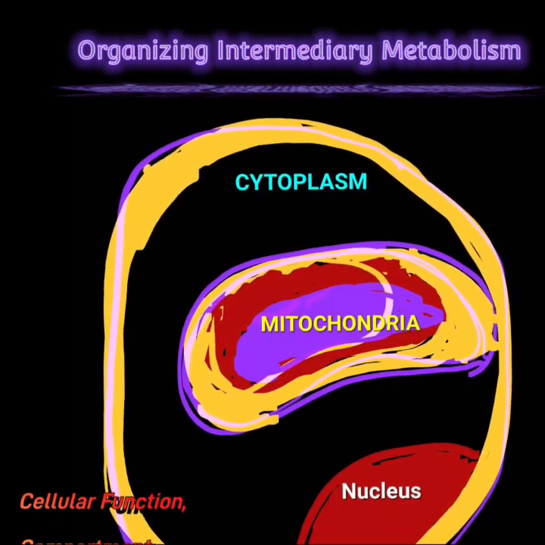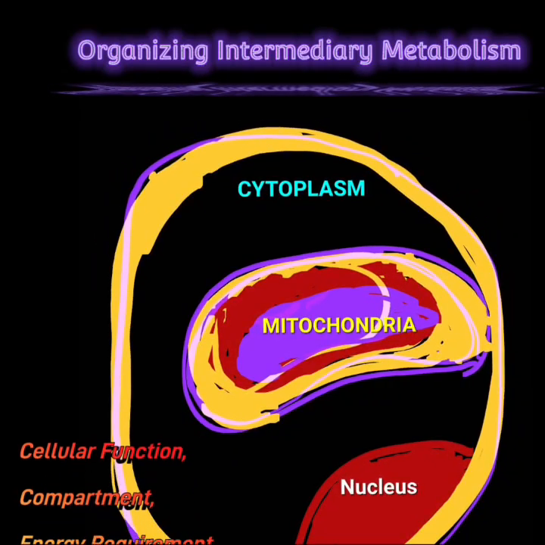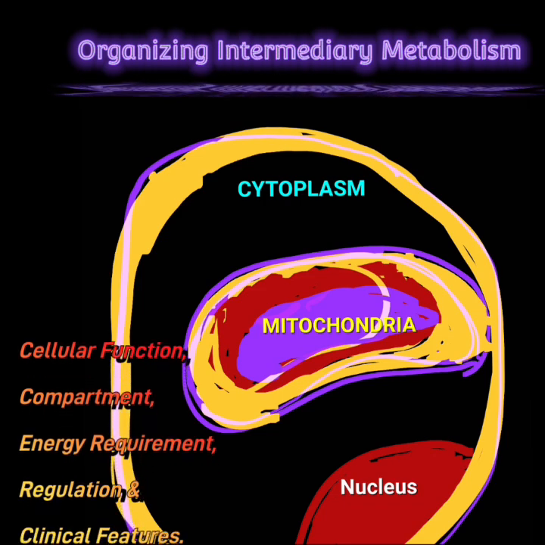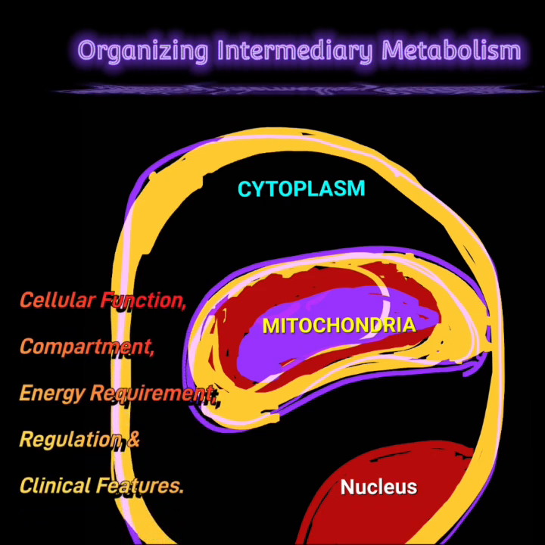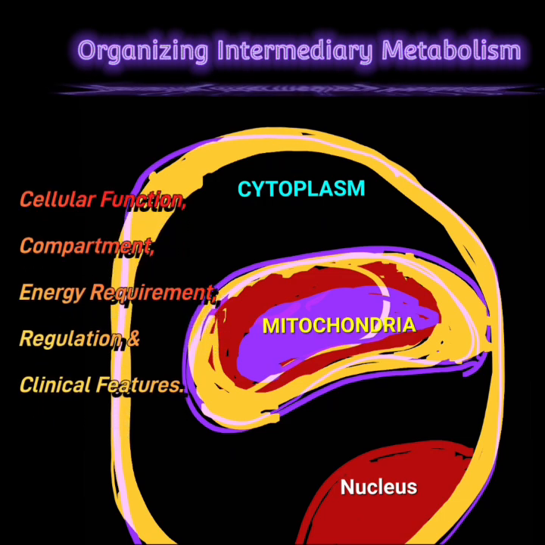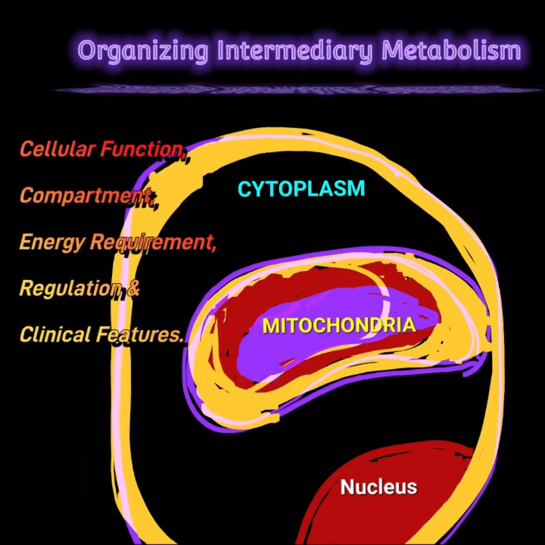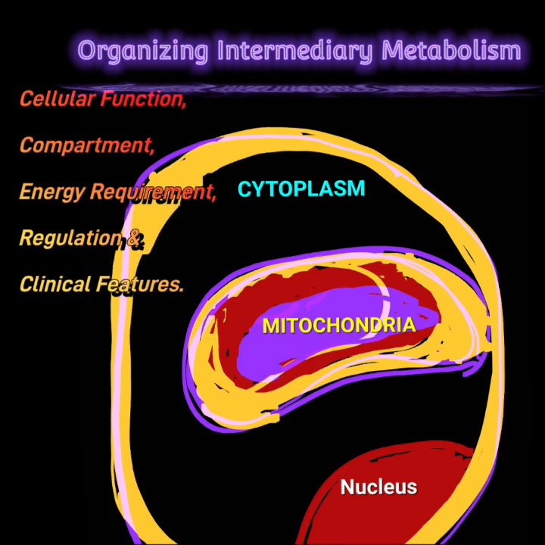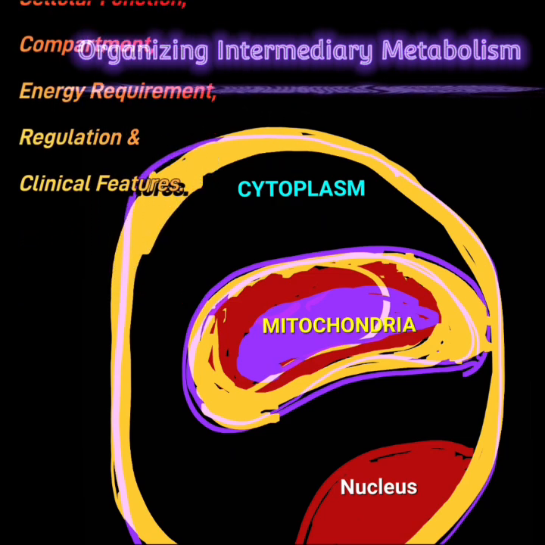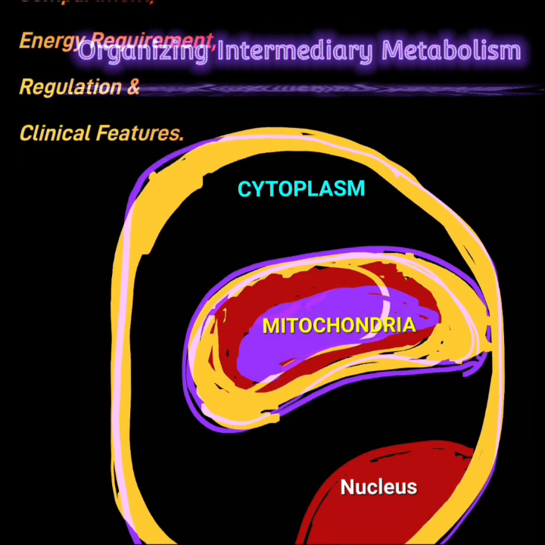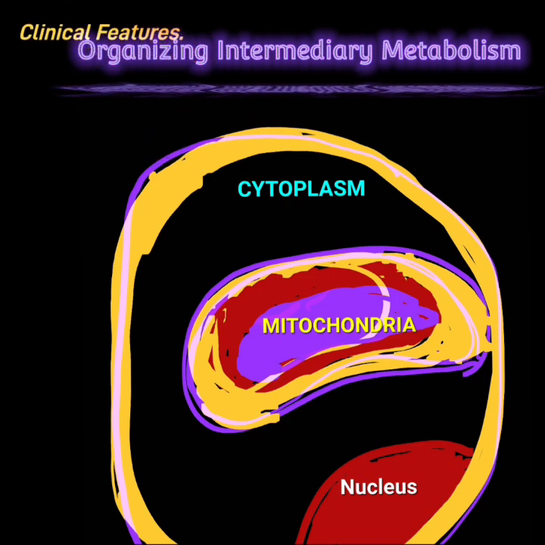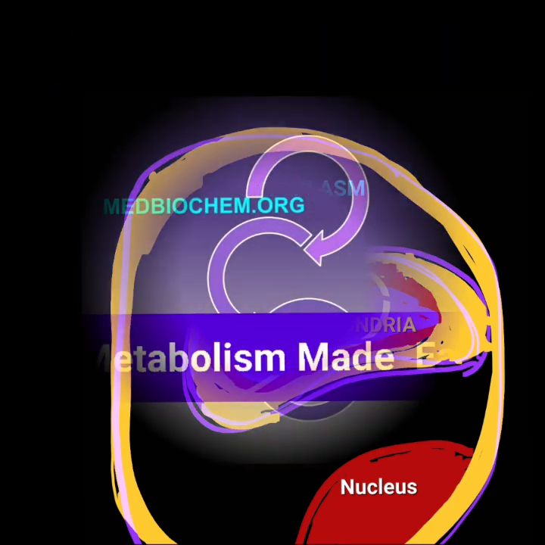Organizing intermediary metabolic pathways using these 5 items will highlight the cellular function of each pathway, including its compartment, its energy requirements, its regulation, and any important clinical features relevant to the pathway.